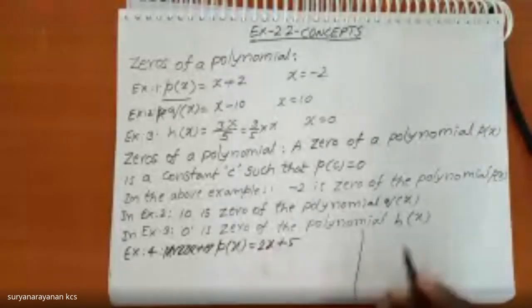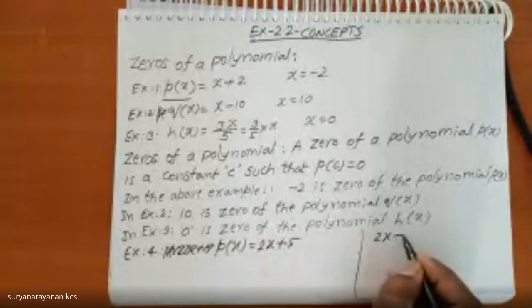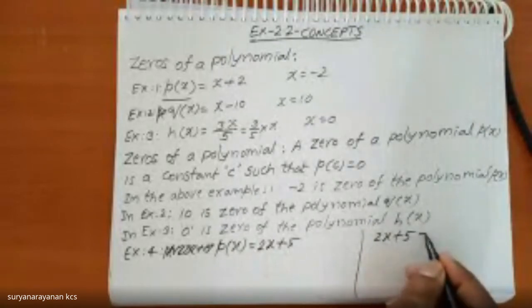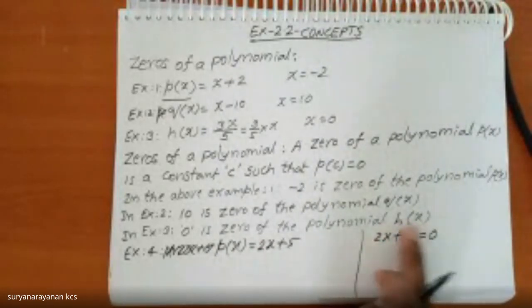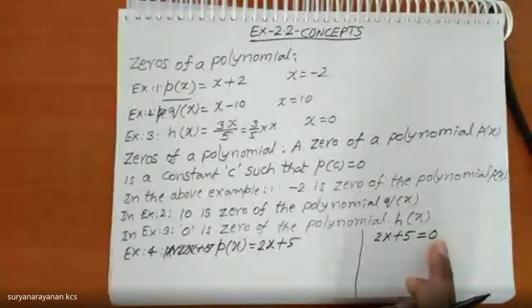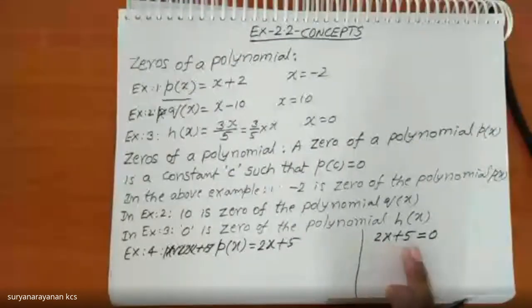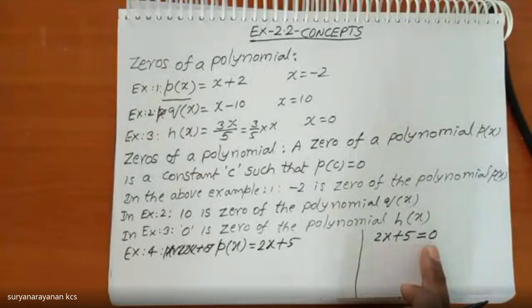We write this given polynomial and put is equal to 0. They don't give this equation. You have to write this equation in rough work to find the 0 of the given polynomial.